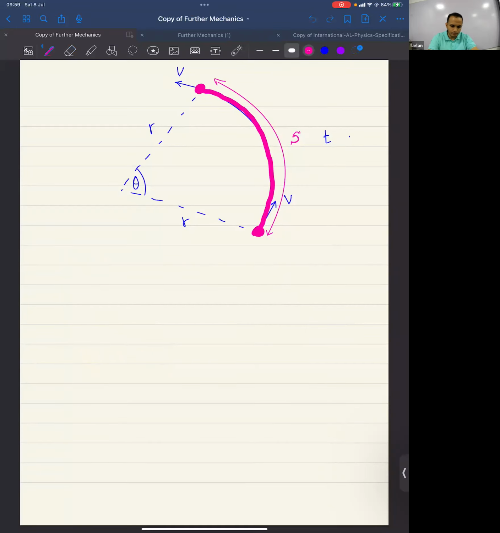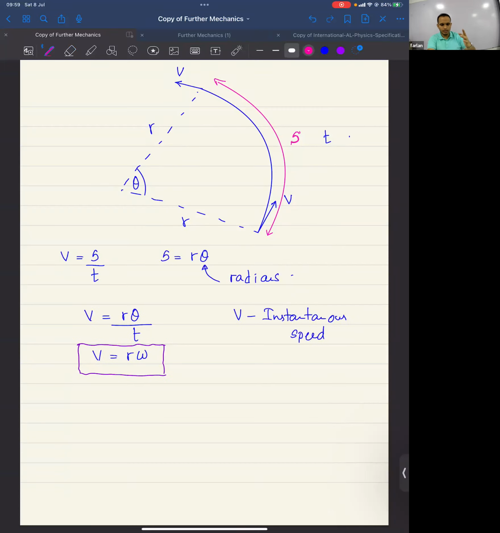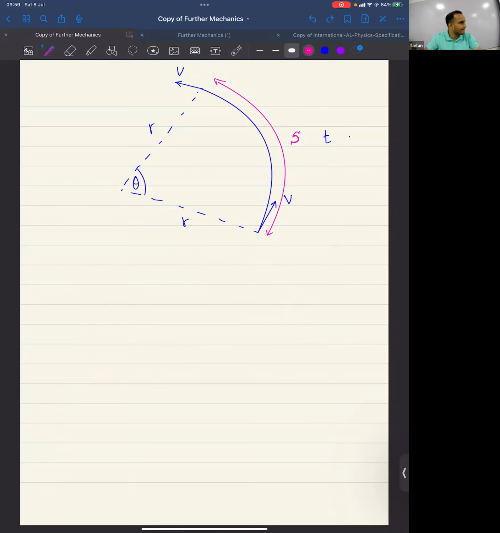It has a speed v. That means the distance it is moving per unit time is v. How much ground it's covering per unit time in terms of meters. Let's say that is v. And this distance, this arc length, we'll take as s.